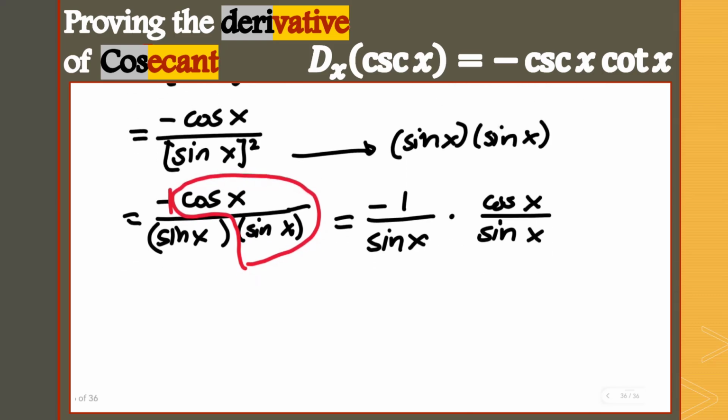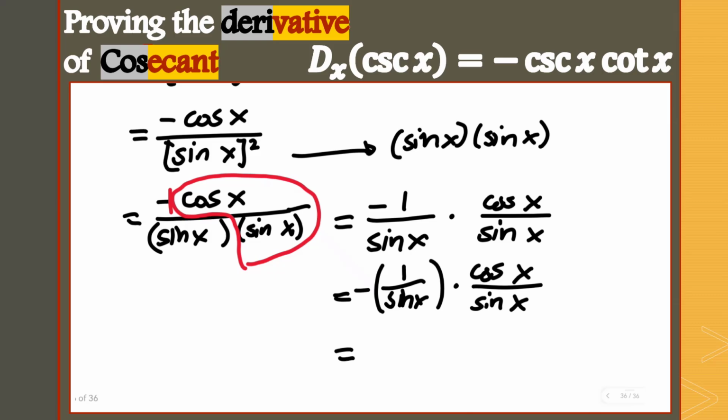And with this now, you have negative of 1 over sine x times cosine x over sine x. So you have here negative 1 over sine x, or the reciprocal of sine x is cosecant x, times cosine x over sine x, which is just equal to cotangent x.